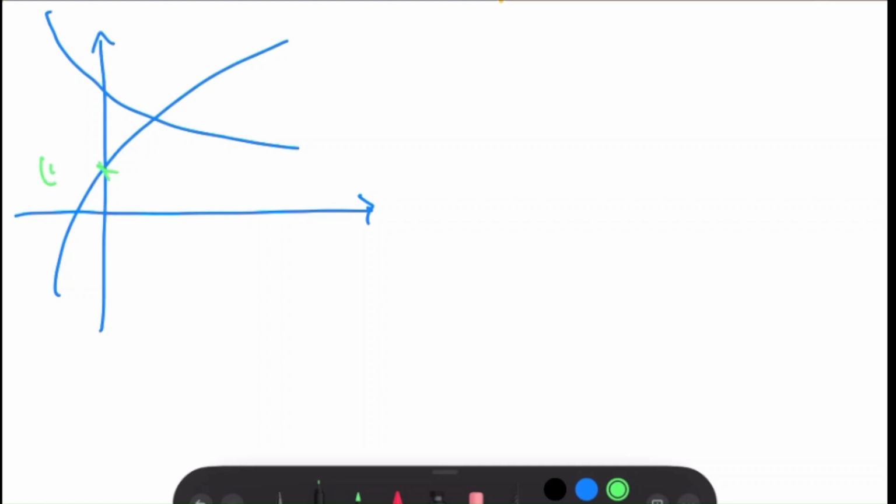This is 0, 1, 0, 5, and what's this one? It's 2, 4, I think. Yep, looks to be what it is. Let's work out which one is f(x). This one is f(x), this one is g(x).